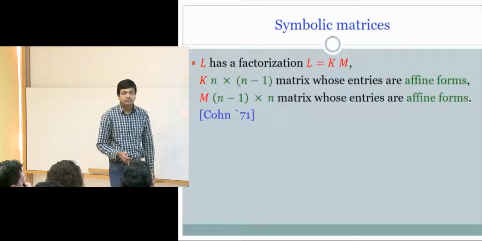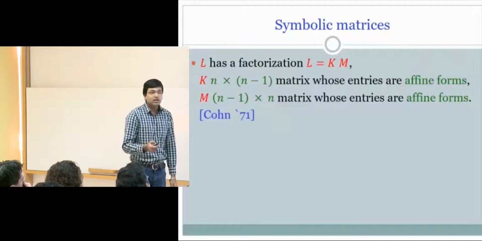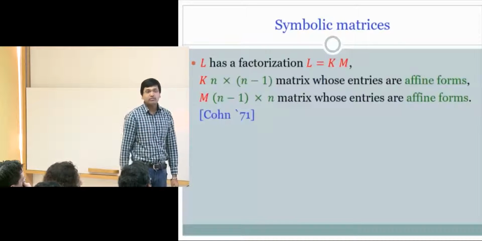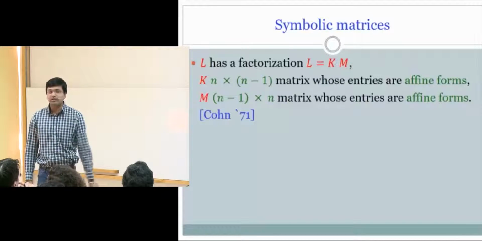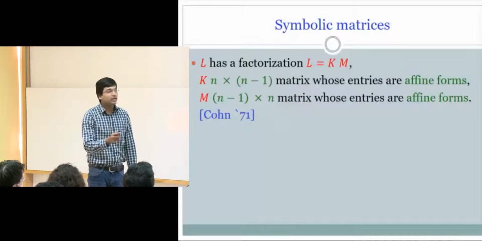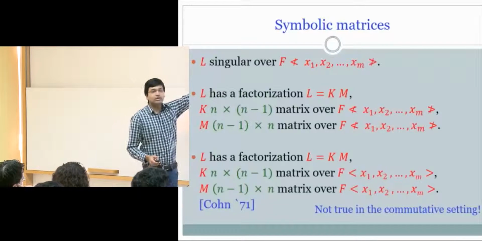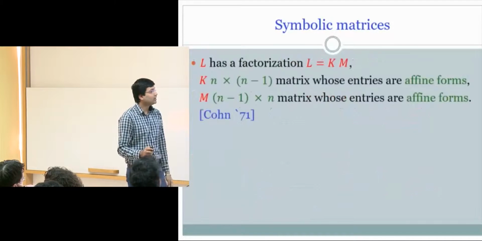So it's saying that if L is a linear polynomial and if it's singular, in the factorization you can assume that K and M are linear. Is this part true? Even this part is not true in the commutative setting. L is singular there, right? Yes, L is singular. This is a chain of theorems. Okay, L is singular.